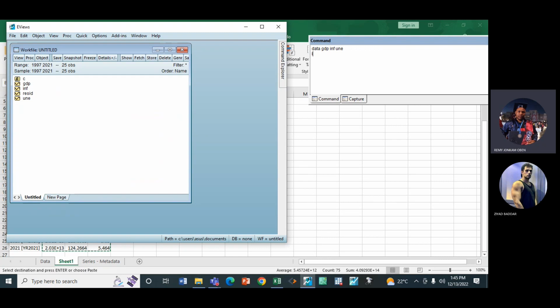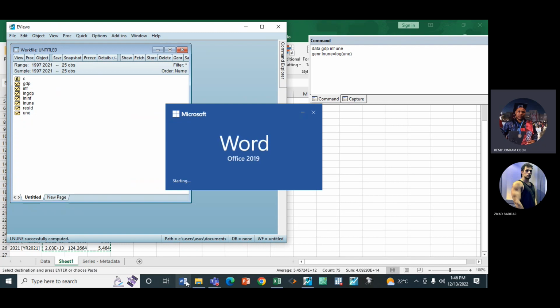Let's use log. Generate lnGDP equals, generate lninflation equals, unemployment equals. Okay, I have my variables on EViews.